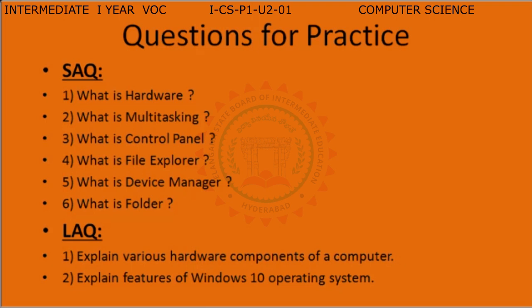What is device manager? And what is folder? Similarly, for the large answer questions, we have: explain various hardware components of a computer, and the second question is explain features of Windows 10 operating system.